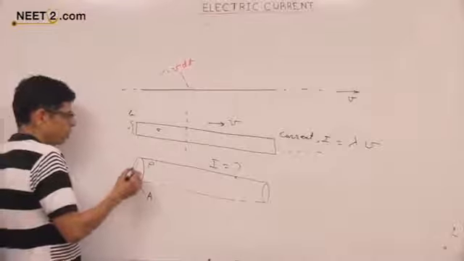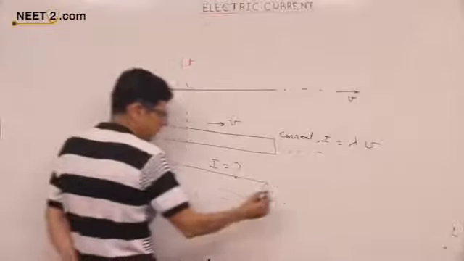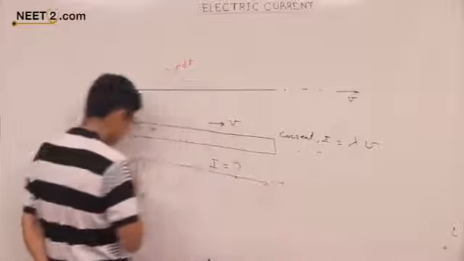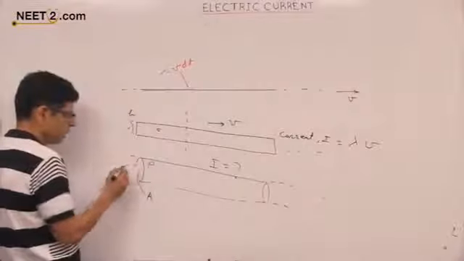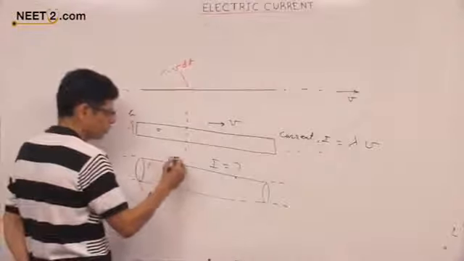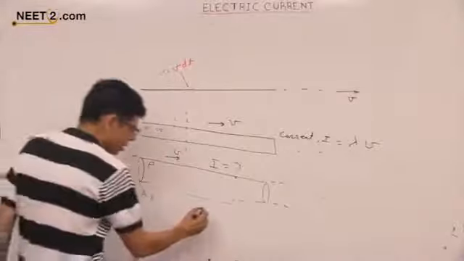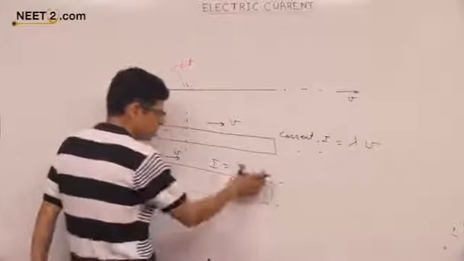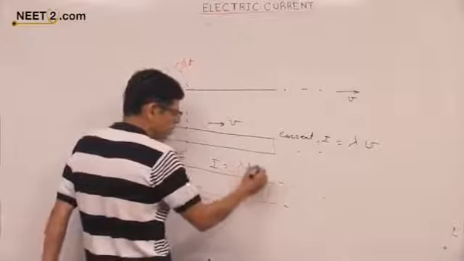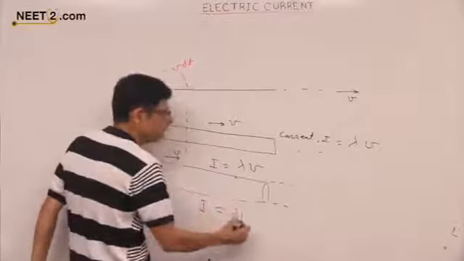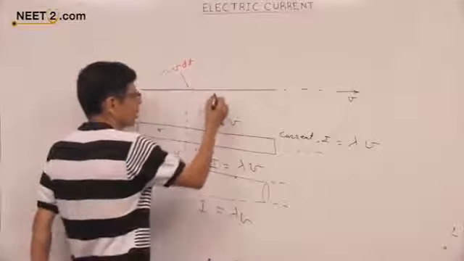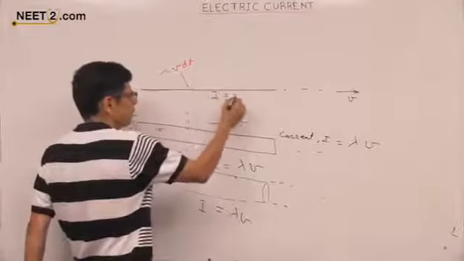So now this is also infinite. And this thing is also moving with velocity v. This time also the question is, what is the current? The answer to all these questions is lambda v. Just like to the first question, it was I is equal to lambda v.